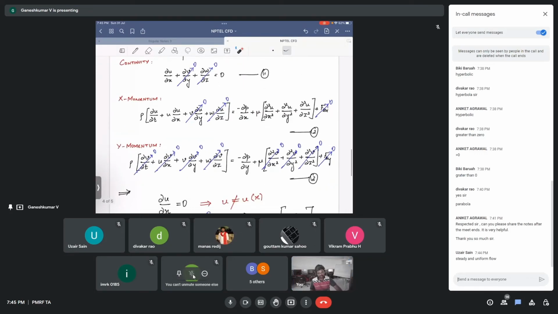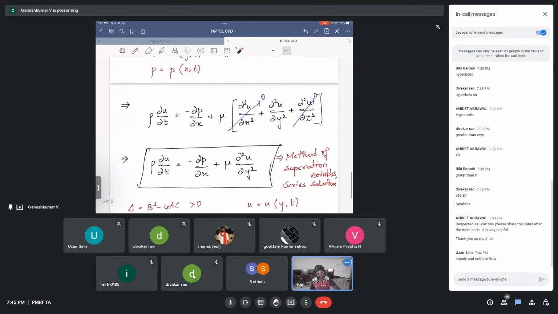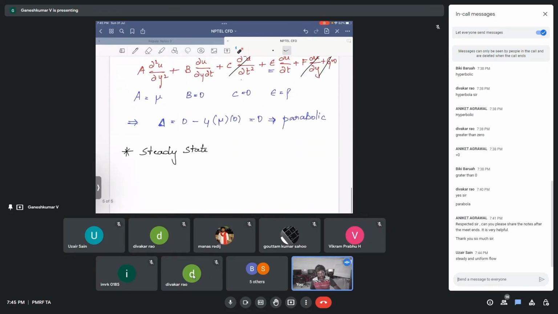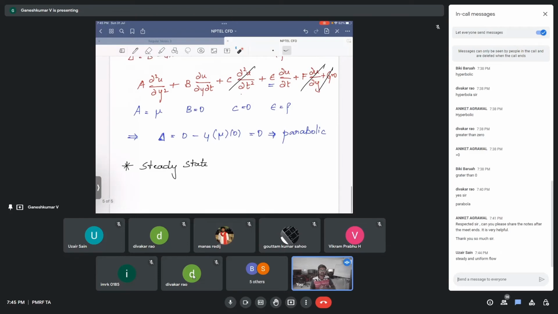So as Uzair said, we can make the steady state assumption, which means at time t tending to infinity, all the transient things settle down.